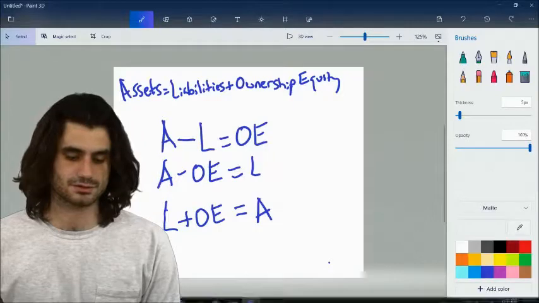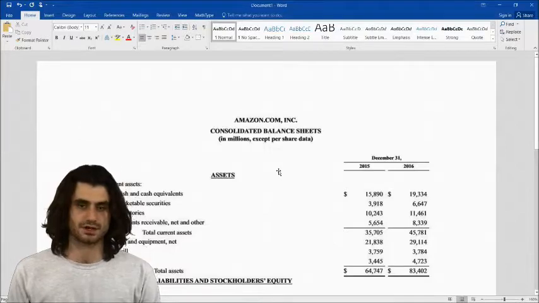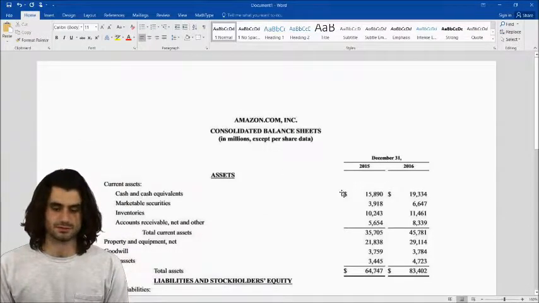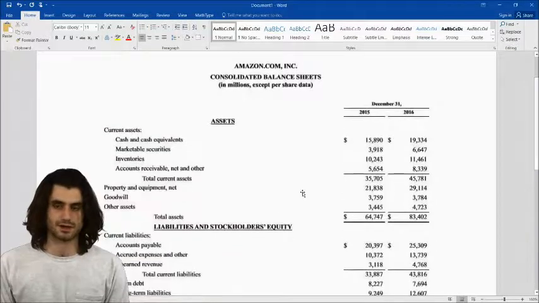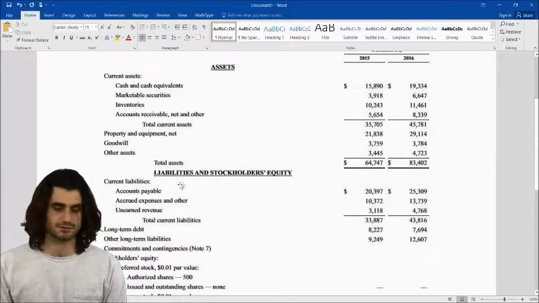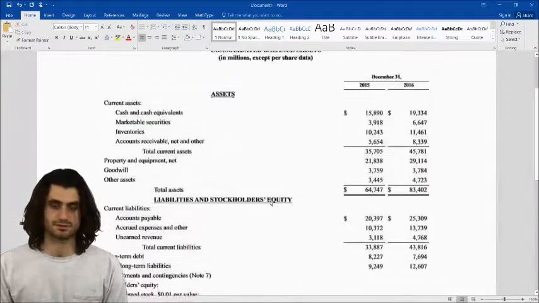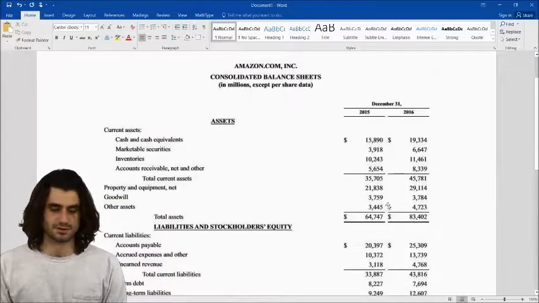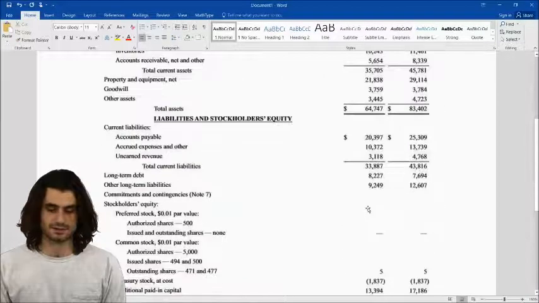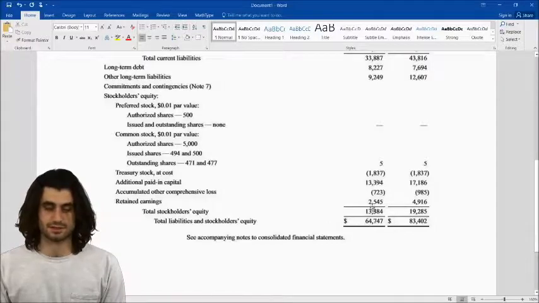Now I'm going to move on to a case study, a real life example of a balance sheet, and point out some key points. At the top we can see current assets, then we move down and see current liabilities and stockholders' equity, and we can check out some of the totals too. For 2015, the total for assets was $64,747. Scrolling down, total liabilities and stockholders' equity is also equal to $64,747.